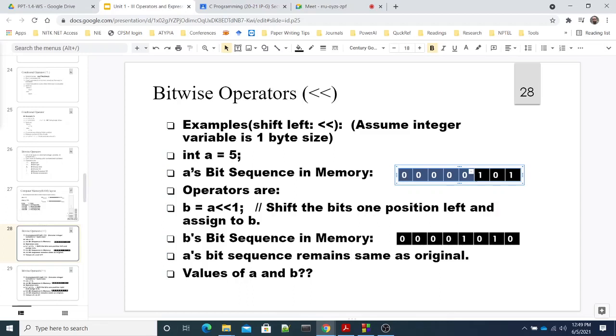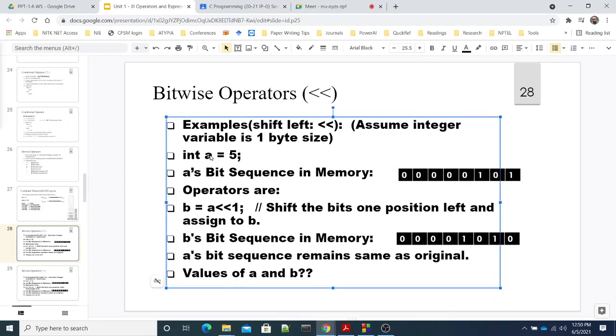You will learn in your electronics fundamentals or digital electronics how to convert an integer into its binary equivalent. Okay, so I am going to perform the shift left operation on this variable.